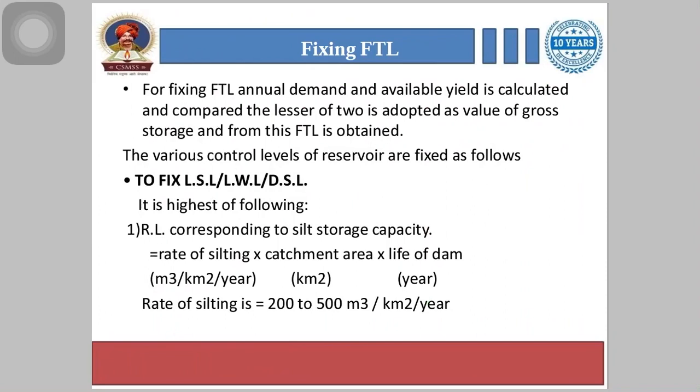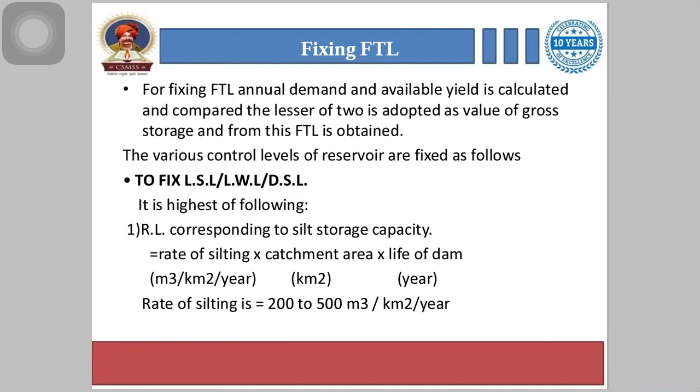The various control levels of the reservoir are fixed as follows. To fix the LSL, LWL, DSL, it is the highest of the following, and among these the highest value is the final value. First, the reduced level corresponding to silt storage capacity, calculated as rate of silting multiplied by catchment area into life of dam.